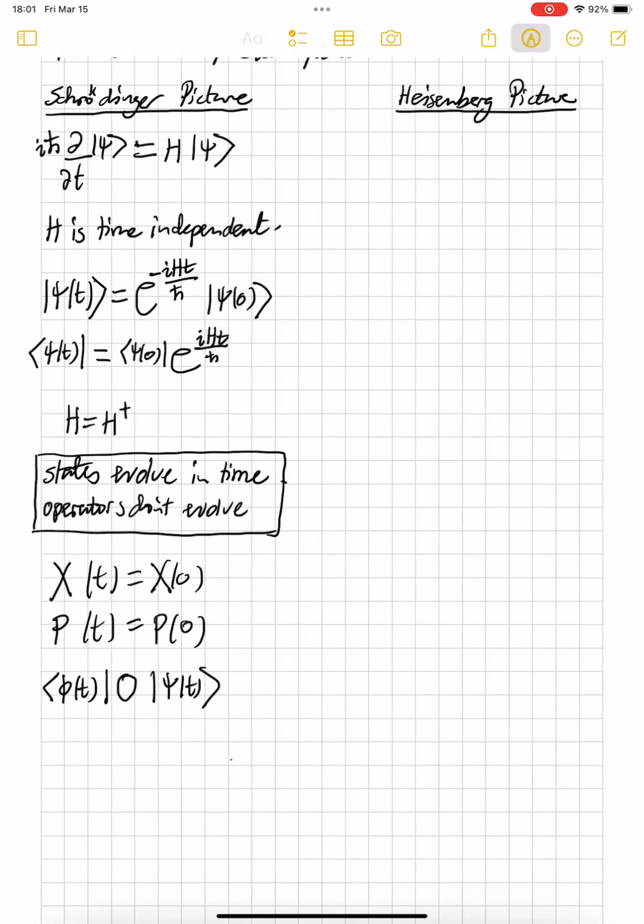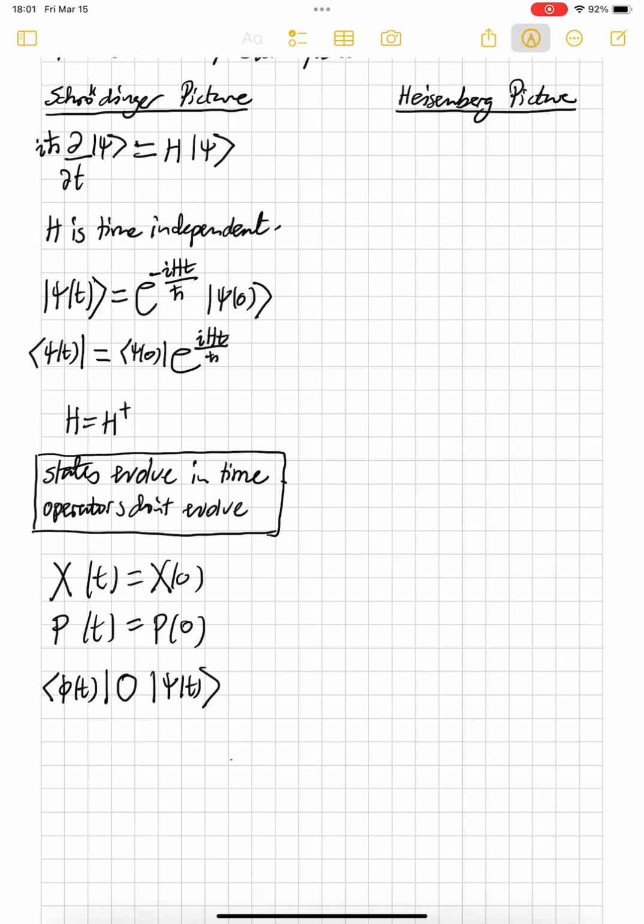But you might also be calculating, for example, the shift of an energy level. And the shift of an energy level would involve things like a state, an operator, a state. You could be calculating the expectation value of some observable. And then you have bra state, some operator, ket state.